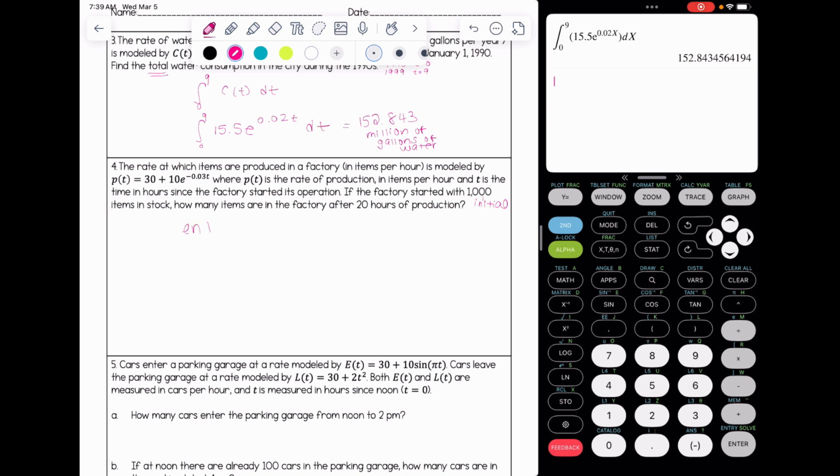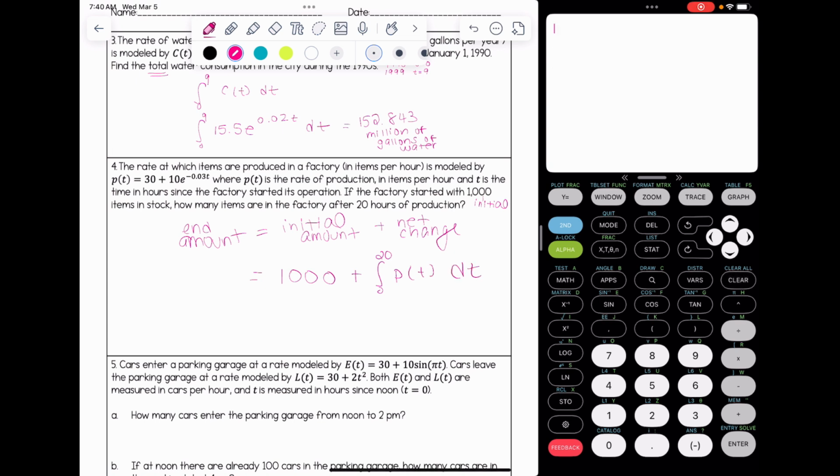So our rule is basically the end amount is equal to the initial amount plus the net change. We do not know our end amount; that's what we're trying to find. We're starting with 1,000 items in stock. And then to write our net change, we're going to do the integral from 0 to 20, because we're talking about over 20 hours, of P of t dt.